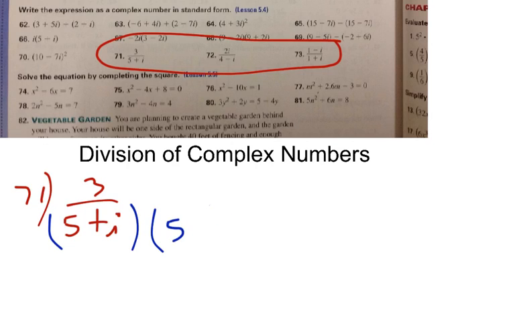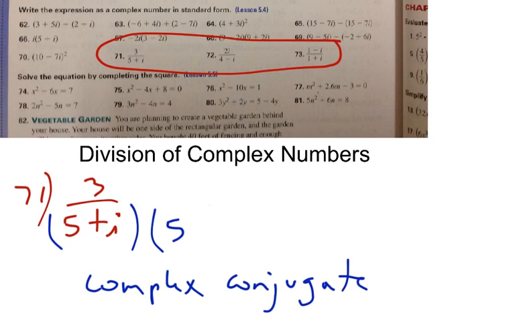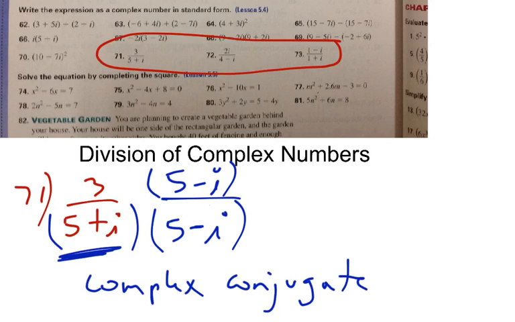Let me do it again. So the complex conjugate, and let me write it down. Complex conjugate is basically taking the same expression but changing the sign. I have 5 plus i, now it's going to be 5 minus i. In order for me to not change the expression overall, whatever I do on the bottom, I have to do on the top.